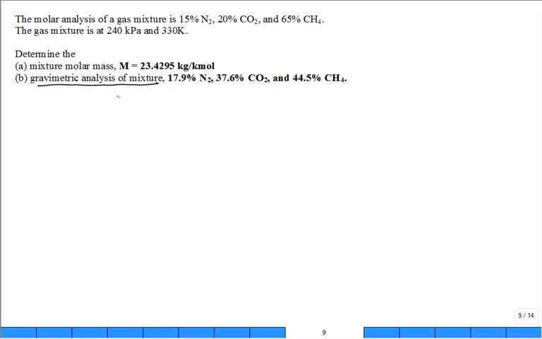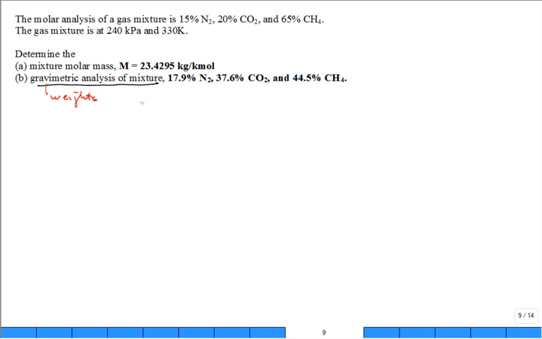All right. We had a molar analysis, which is equivalent to a volume analysis. That's the way we started. But now they're asking me the gravimetric analysis. It's like gravity, doesn't that indicate weights? But the gravimetric analysis is equivalent to the what analysis, just like the molar analysis was equivalent to a volume analysis?